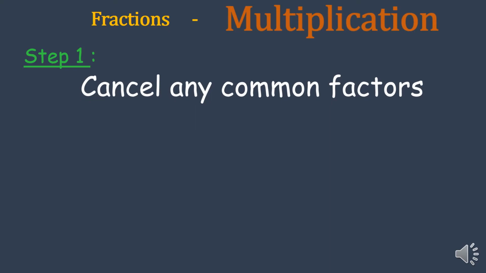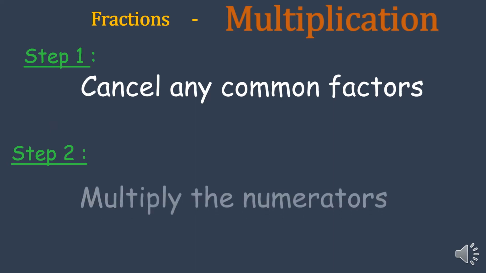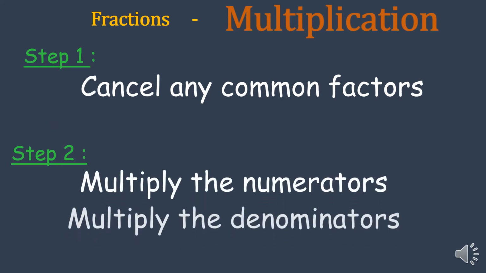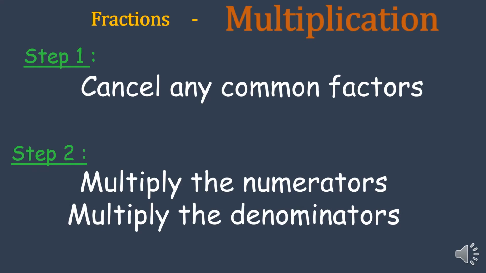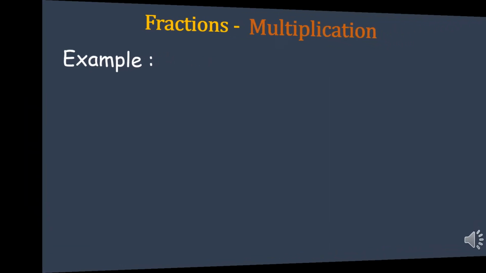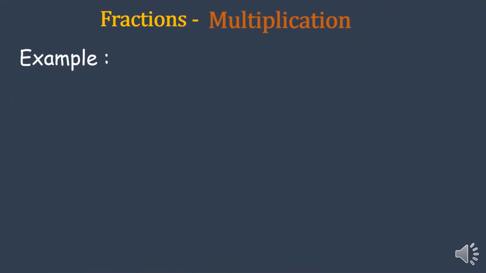First of all, we have to cancel the common factors in the two fractions and then multiply the numerators and denominators separately. So we'll apply those two simple steps in our example, 3 over 5 times 2 over 9.